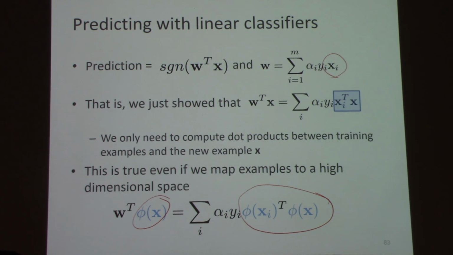I have a bunch of numbers. I scale each of them by alpha i, yi and add them up. I take the sign of that and that gives me a prediction. Nothing changes. Who said that if the math works out in the original space, it won't work out in the new space as well? So all you need to do is blow up to the new space and compute dot products.